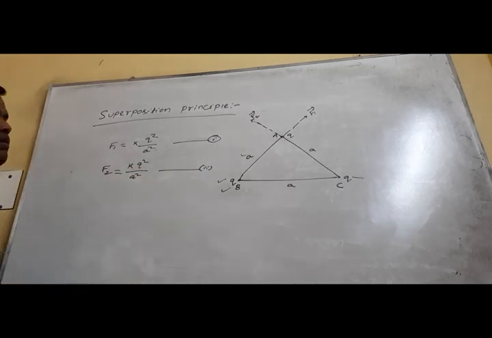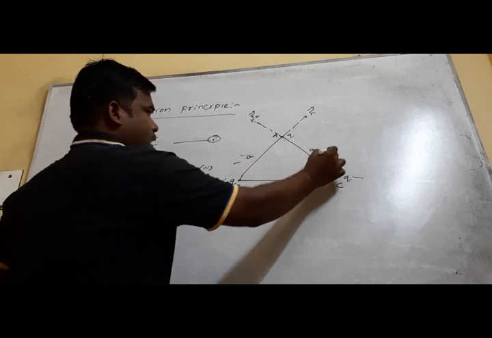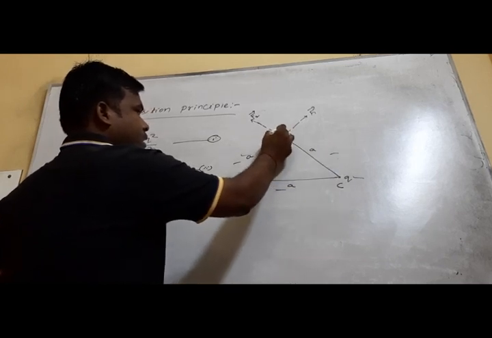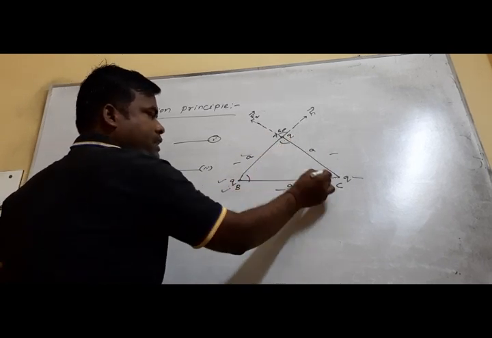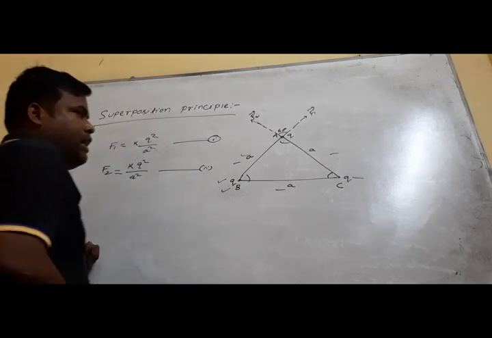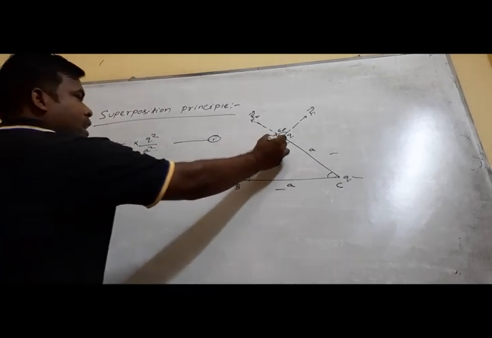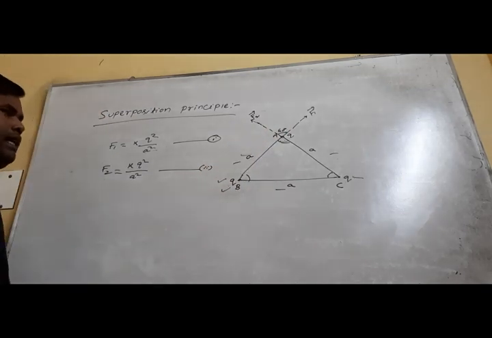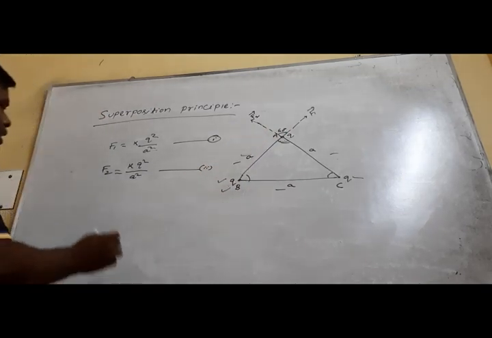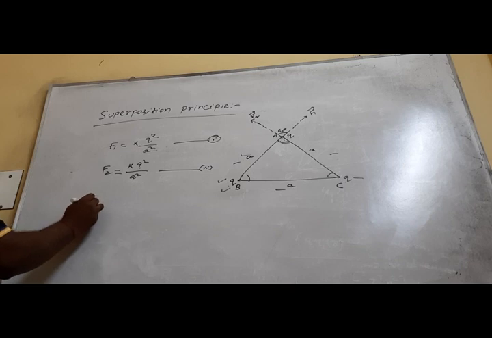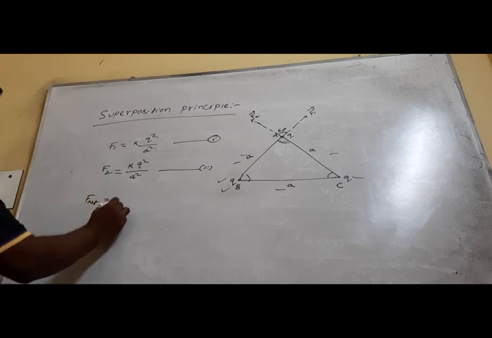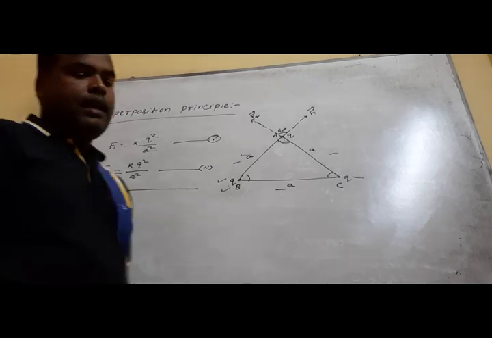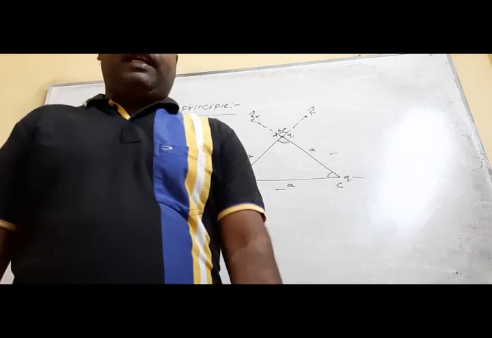What is the angle between them? As it is an equilateral triangle, this angle is 60 degrees. All the angles are 60 degrees, you know, for an equilateral triangle. So this will be 60 because it is a vertically opposite angle. So what will be the resultant force? Here you have to apply the law of vector addition.